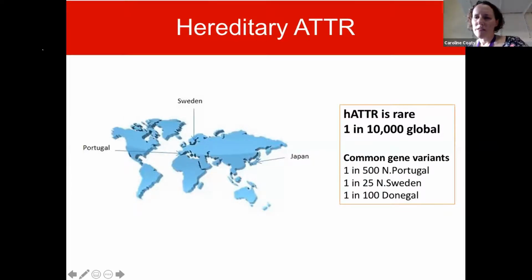Carrying a genetic variant doesn't mean that you have the condition, but it increases your risk of developing the condition. In the west of Scotland, we share a lot of ancestry with Ireland, and in Donegal, there's a particular hereditary form of amyloidosis that is more prevalent in the population.